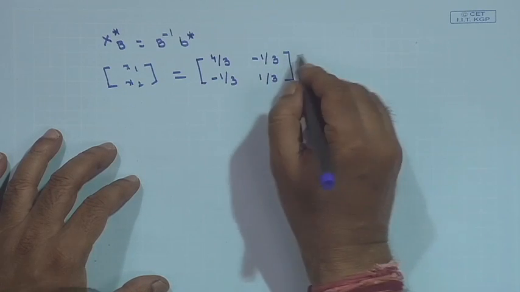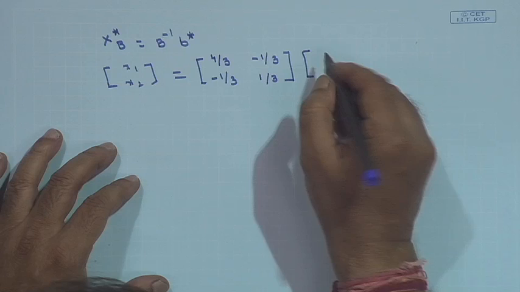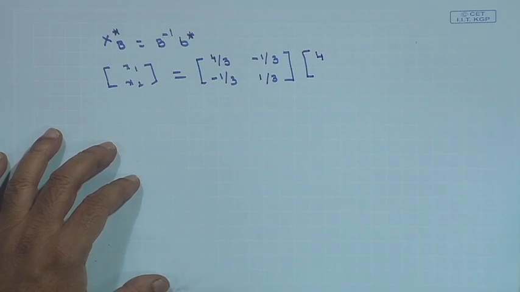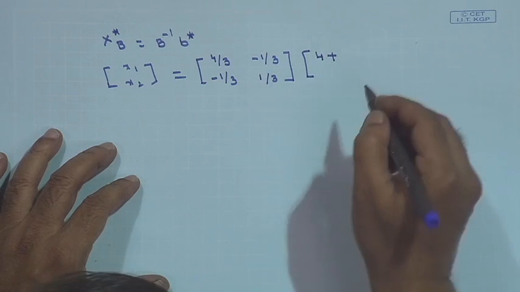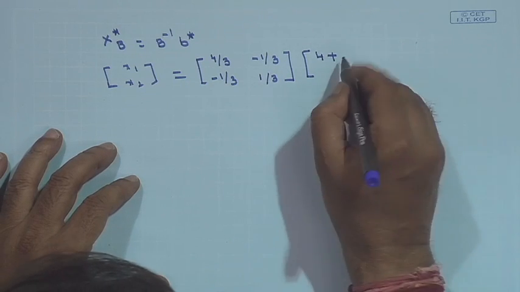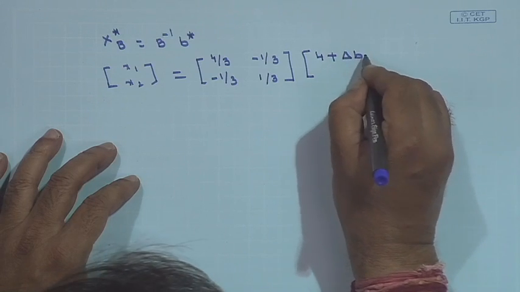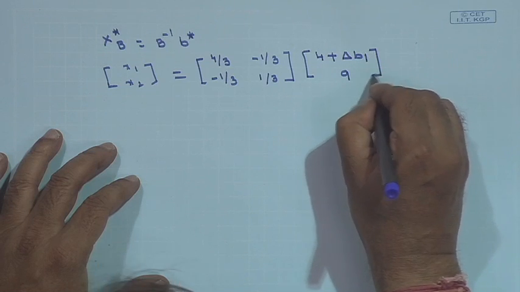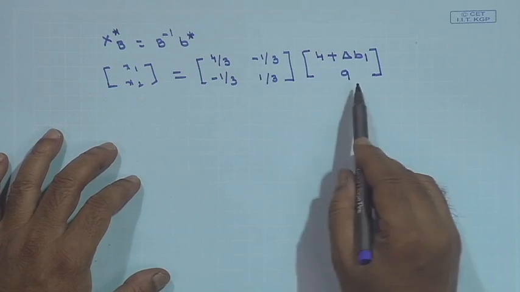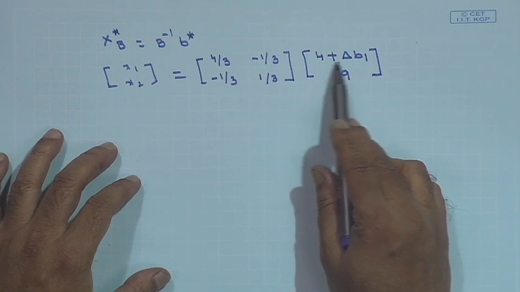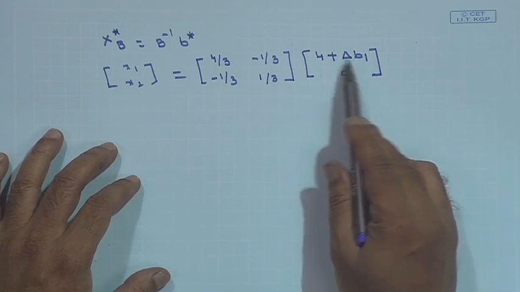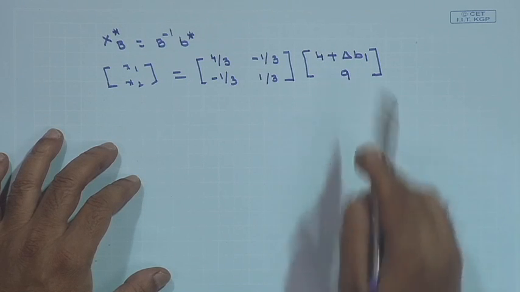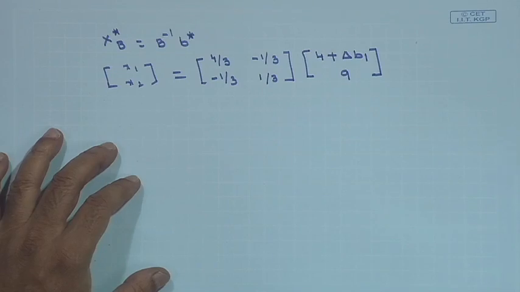And your B value will be increased: this is 4 plus delta B1, and the second one will be 9. So, B inverse times B star, you are writing 4 plus delta B1, where the original value was 4, and for the second one, from this table, it is 9.